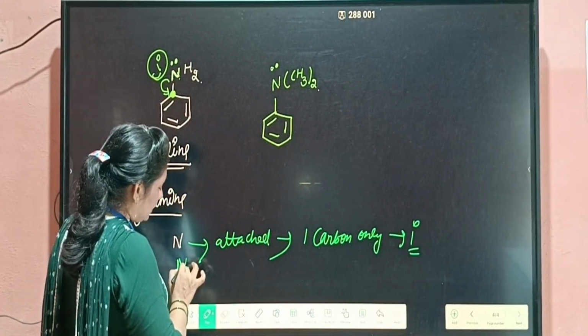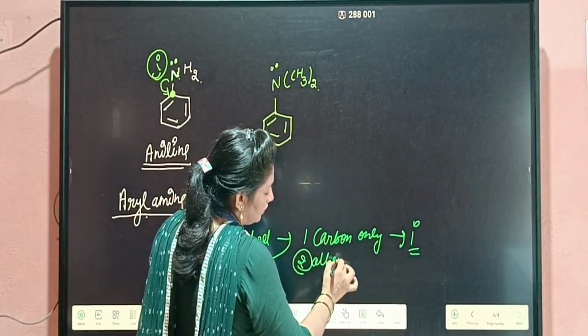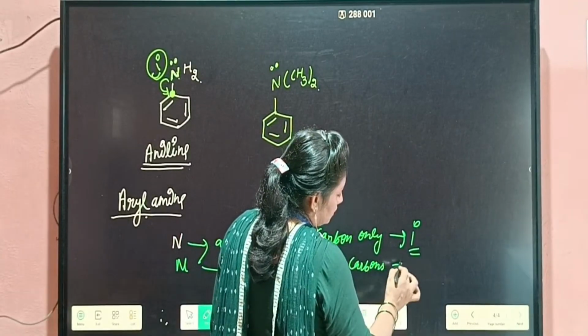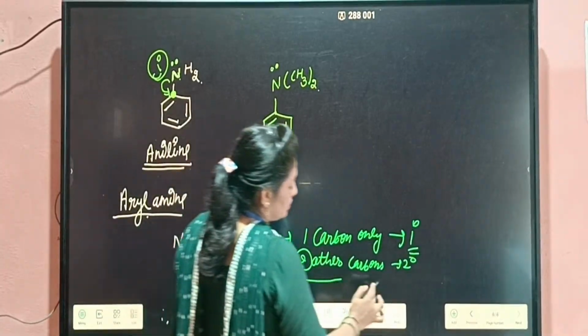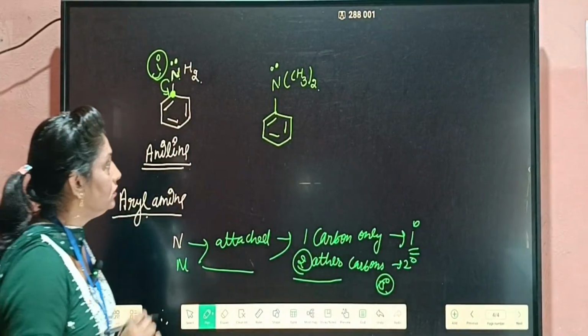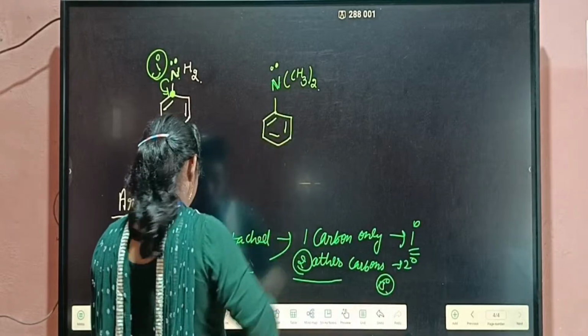If nitrogen is attached with two carbons, then it is secondary. If three, then it is tertiary. In this way you can distinguish. I hope it is fine and clear to you.